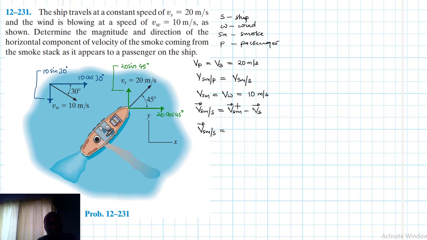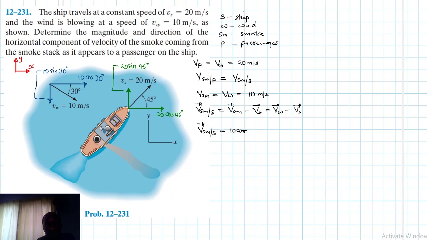So for the component for smoke, like we said, this is just equal to V wind minus V ship. Let me make mention of our reference system. This is our reference, those are the positive x and positive y.